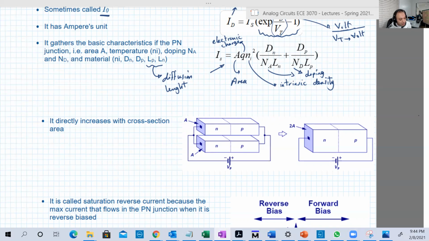Then you can model them as just one diode with double the cross section area. So basically, this is equivalent to this. This is the real circuit, and this is just a model for it to make it easy for you to solve the question.